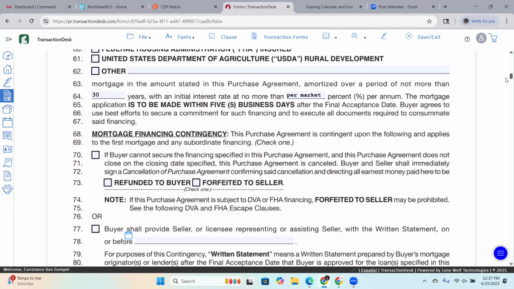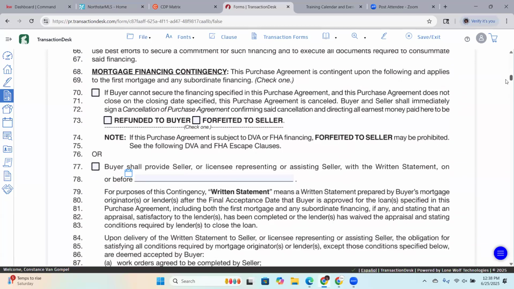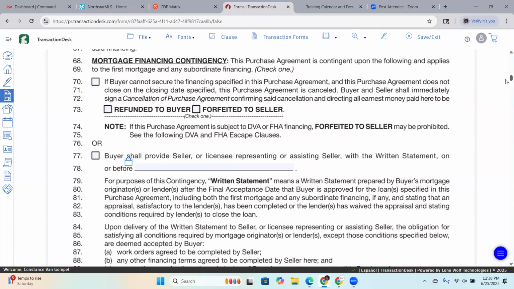This next part here, once again, when you're writing this, you're working for your buyer. When you have the seller, you're working for your seller, okay? So line 70: if your buyer cannot secure financing in the purchase agreement, and the purchase agreement does not close on the closing date, the purchase agreement can be canceled. We all know there are amendments out there that have been done to extend the closing date.